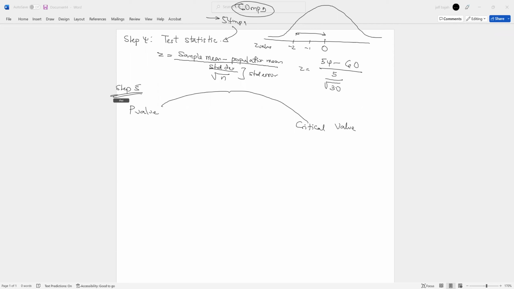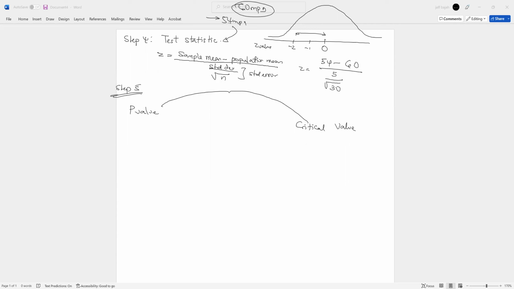Now you've done step 4, which is the hard part. Both of these methods can take you to the promised land. And whichever one you want to use is fine. So I'm going to walk you through the p-value steps, and then I'm going to walk you through the critical value, and you're going to see how similar they are, and you're going to decide which one you want to use in the exam or in your classwork.